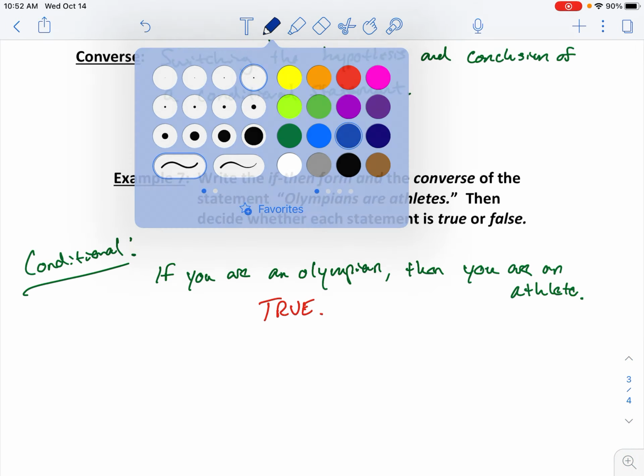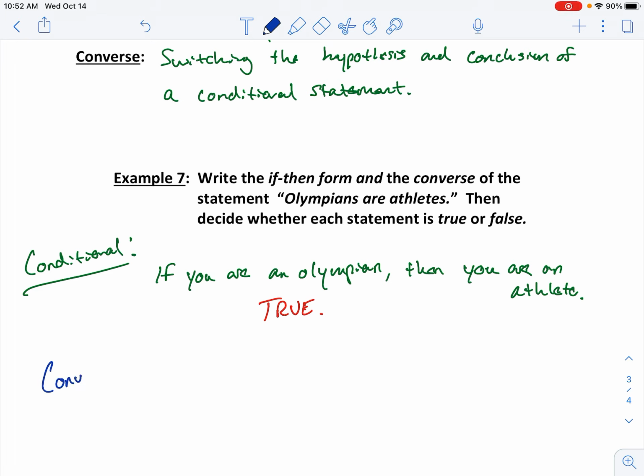Now, when I look at the converse, I want to switch the hypothesis and conclusion. So I'm still going to have if, but I'm going to say if you are an athlete.